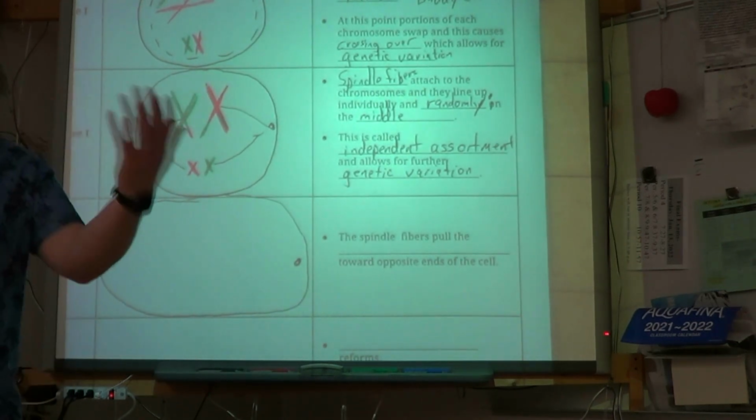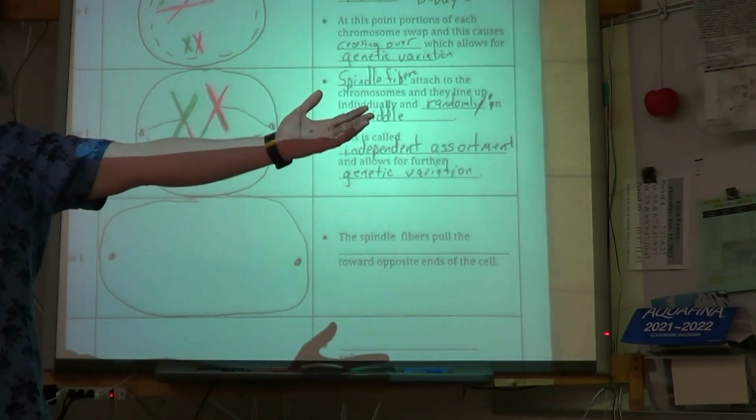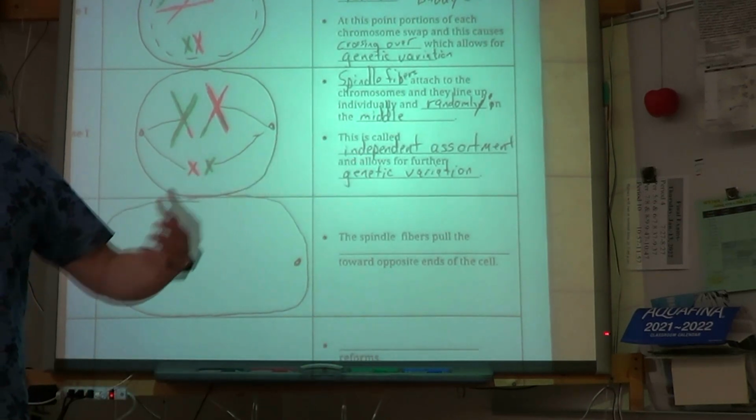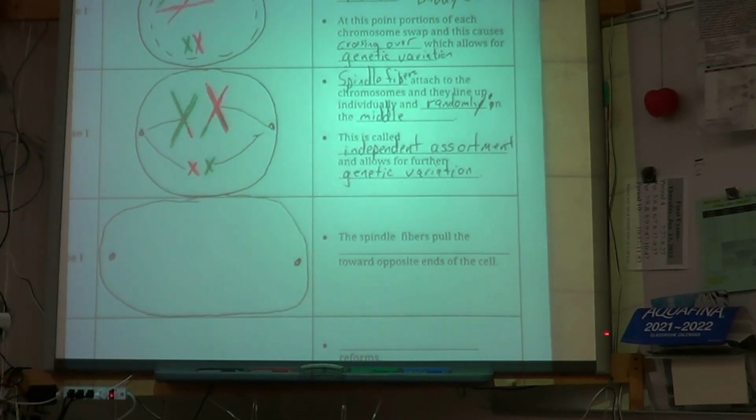Okay. Then if you're going to have a child with another person, they also have that many different genetic combinations of their chromosomes. So the likelihood of you and your significant other having 2 children that are genetically identical by independent assortment alone is not very high.